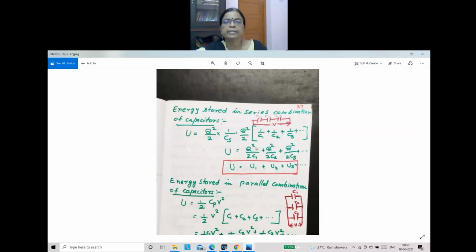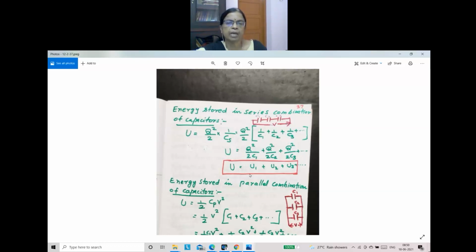Understand? U equal to Q square by 2 into 1 by CS, where CS is the equivalent capacitance. So, the equivalent capacitance you have to find out. Q square by 2 into 1 by CS. For a series combination, what is the formula? 1 by CS, S means series. 1 by CS equal to 1 by C1 plus 1 by C2 plus 1 by C3.